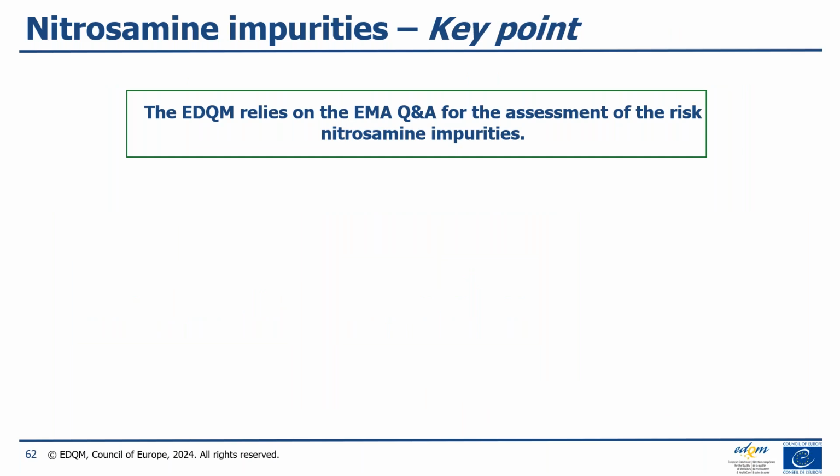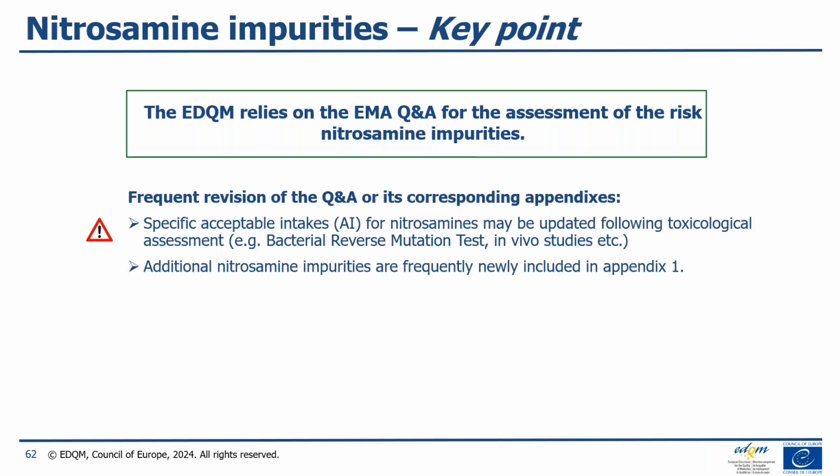The key point to remember is that the EDQM relies on the question and answer from EMA for the assessment of the risk for nitrosamine impurities. However, you should pay attention because this document or its corresponding appendixes frequently get revised. For example, you may have specific acceptable intakes for nitrosamines which can be updated following further toxicological assessment, or you also often have additional nitrosamine impurities included in Appendix 1.